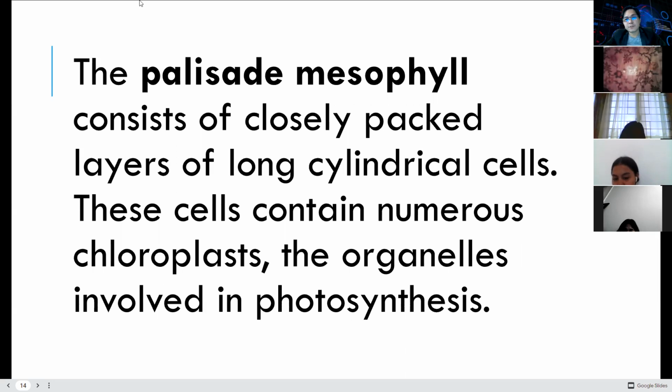The palisade mesophyll consists of closely packed layers of long cylindrical cells. These cells contain numerous chloroplasts. Take note that the chloroplast is the area wherein photosynthesis is involved. It is an organelle involved in photosynthesis because the chlorophyll is there. The chlorophyll is present in the chloroplasts.